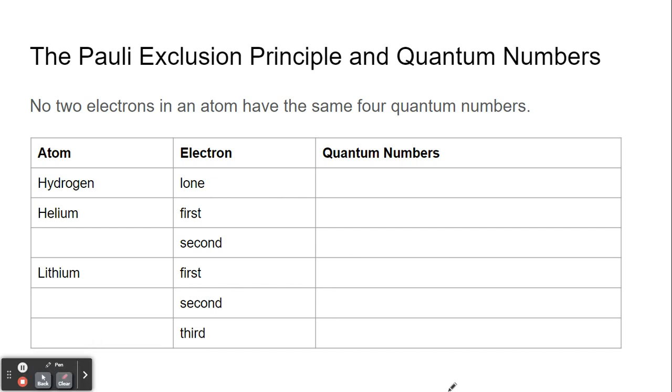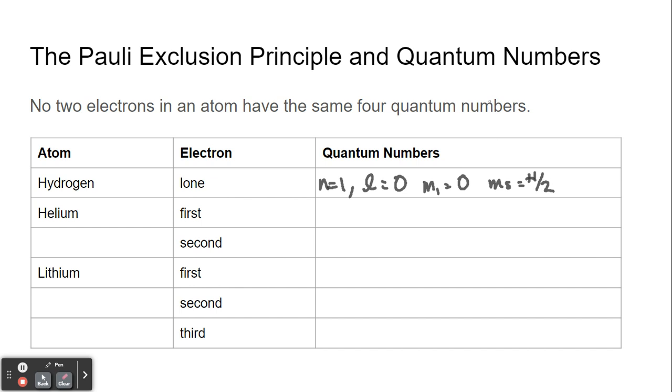So the possible quantum numbers for hydrogen. Well, hydrogen only has one electron. So its quantum numbers would be n equals 1, l equals 0, ml equals 0, and ms would be, by convention, positive one half as the first value for ms. Let's take a look at helium.